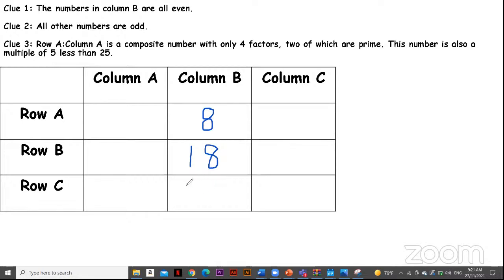What number will be here? We have 8, then we have 18 just below. What will come next here?